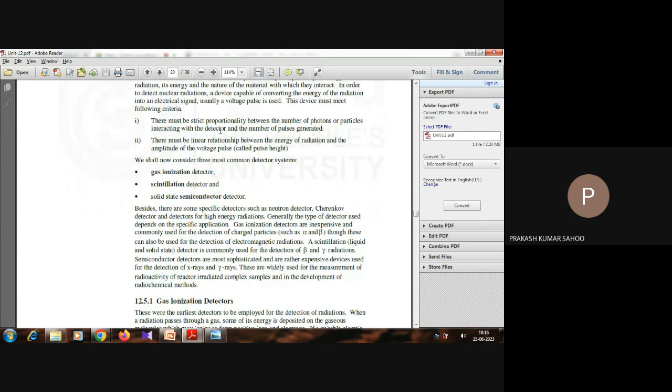There must be strict proportionality between the number of particles interacting with the detector and the number of pulses generated. There must be a linear relationship between the energy of radiation and the amplitude of the voltage pulse, that is pulse size. So we have three types of detectors: gas ionization, scintillation detector, and solid state semiconductor.